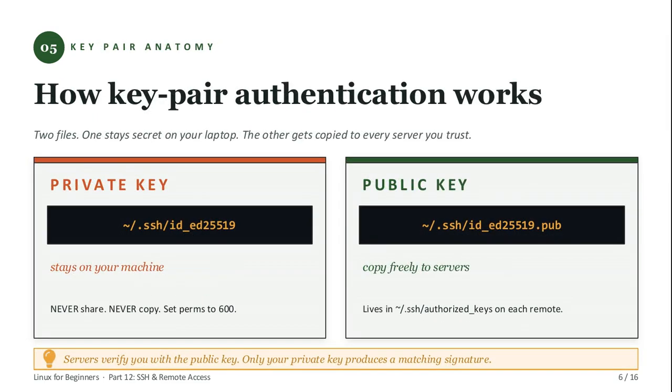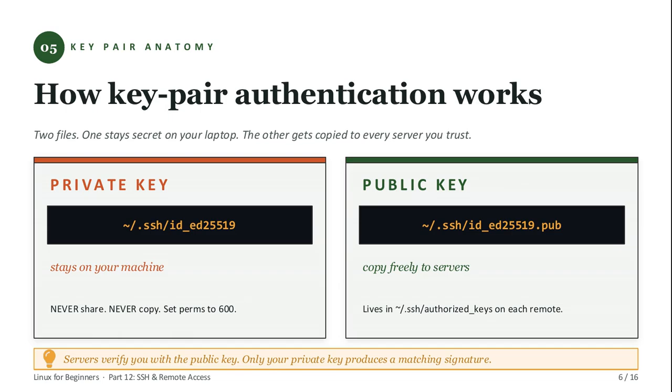So how do keys actually work? You generate a pair of files that live in your hidden .ssh folder. The private one, id_ed25519, never leaves your laptop. You guard it like a house key, lock it down to permission 600, and never email it, never copy it, never commit it to Git.